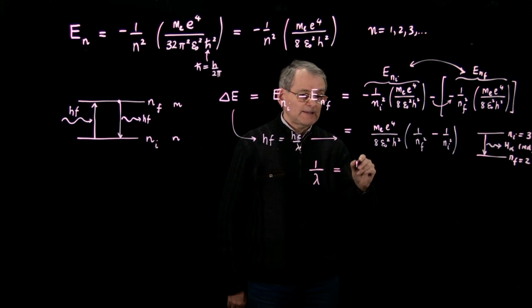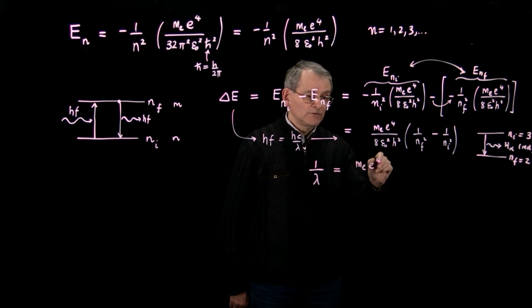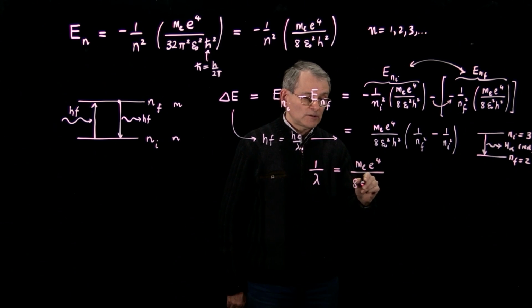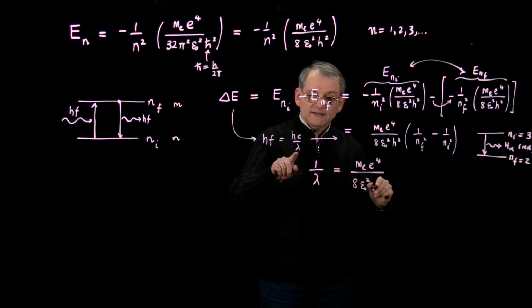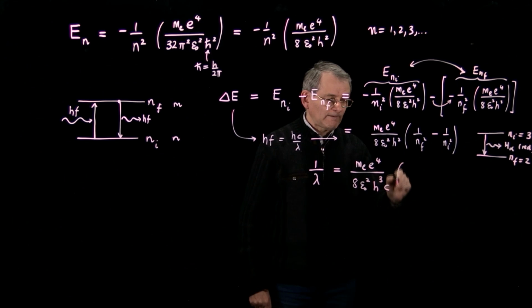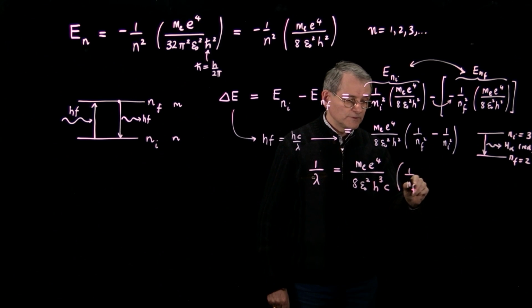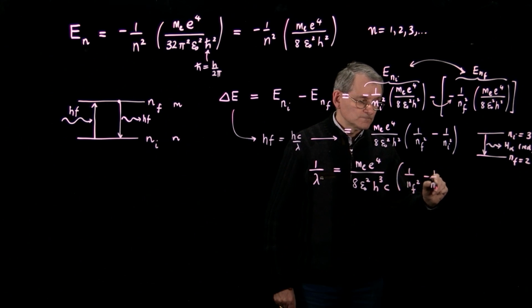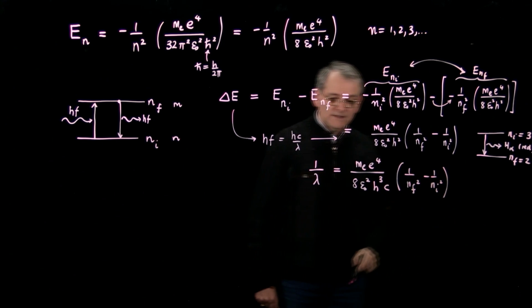This gives me m_e e to the 4th on 8 epsilon naught squared, h into h squared gives me h cubed, c, and then we have this difference between these two terms.